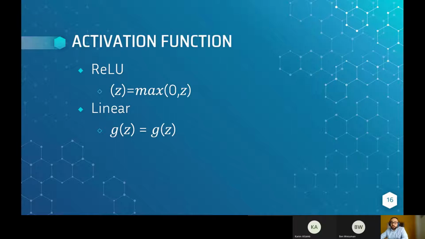We typically use the linear function in regression models from the last hidden layer to the output layer, because you don't really need to transform or activate that output anymore. So these are the two functions that we use here.